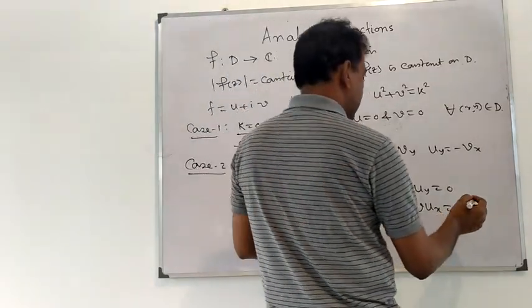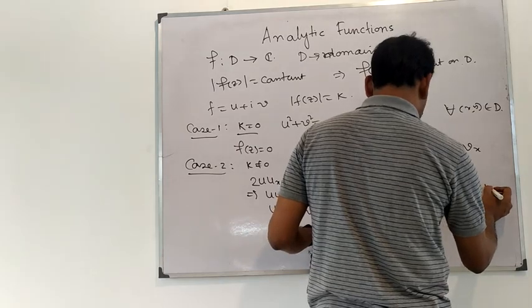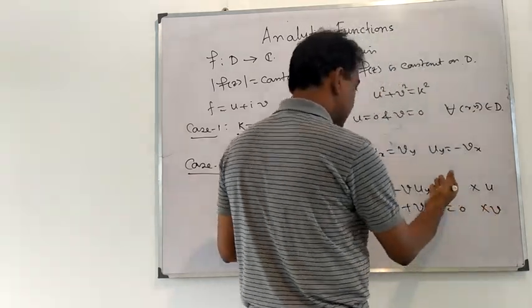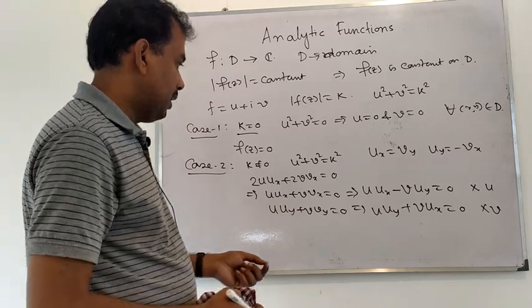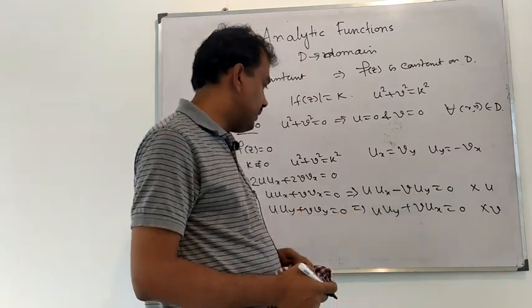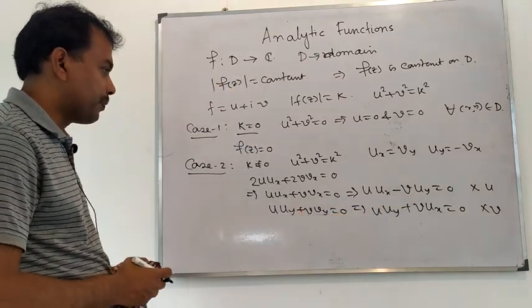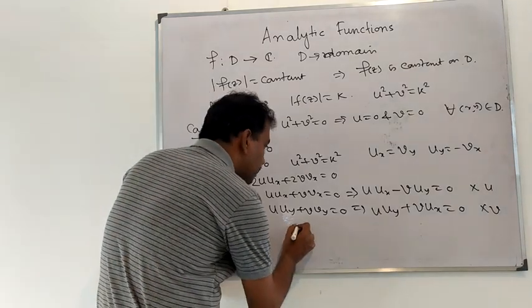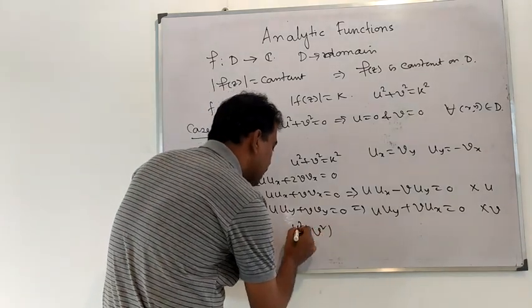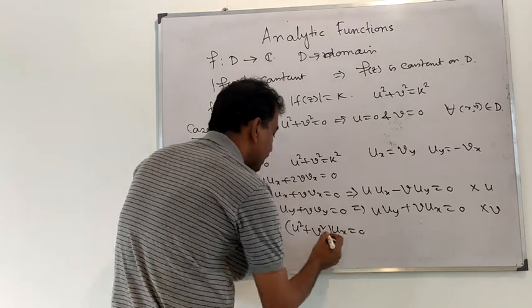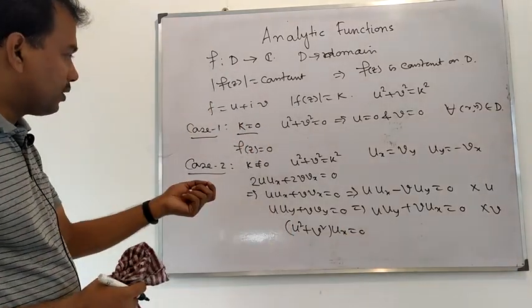Now multiplying this first equation by u and second equation by v and adding, that is we want to eliminate uy from this equation, we get (u square plus v square) into ux is equal to 0. u square plus v square equal to k square.